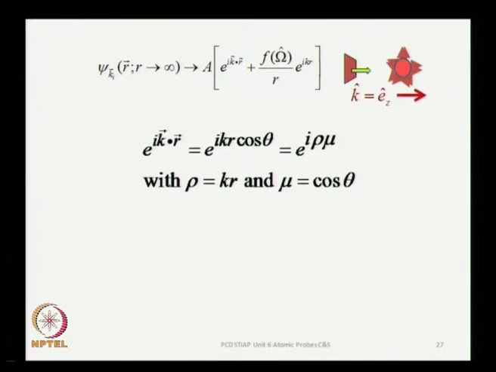So now you have a very basic idea here, that you have a phenomenological solution in front of you, which is e to the i k dot r plus f over r e to the i k r. This is one solution. The other solution you will get is by solving the Schrodinger equation. So you get H psi equal to E psi, right, and that solution you can also express in a basis of spherical harmonics.